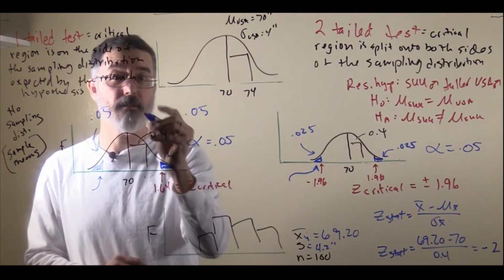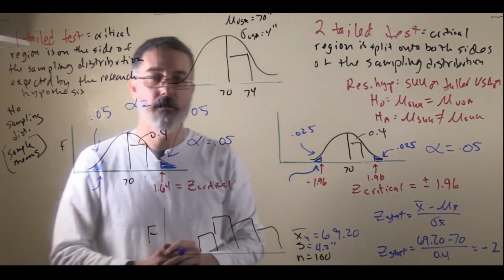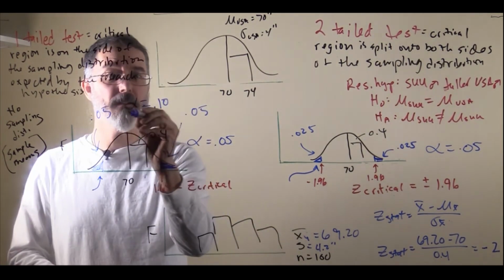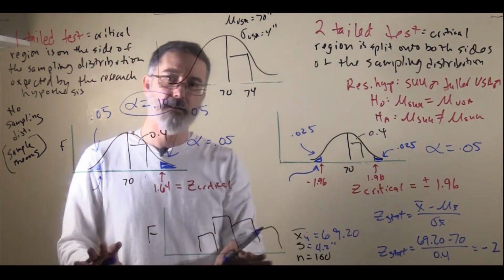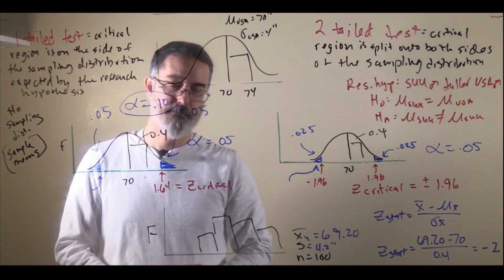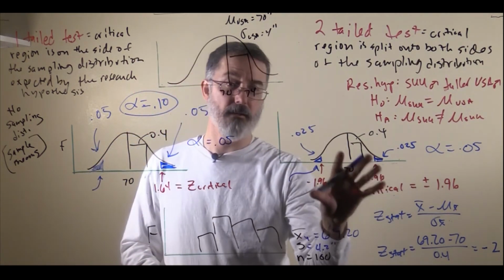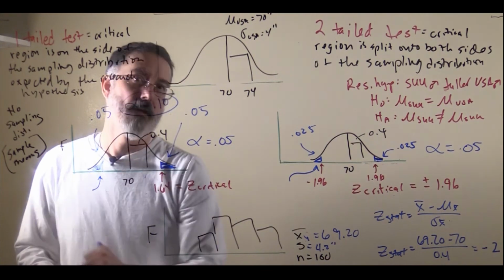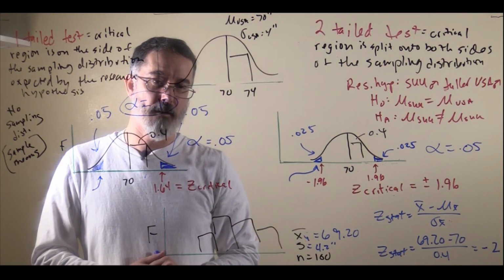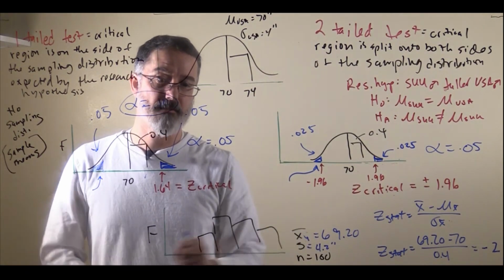The alpha you're actually working with is 0.10. You maybe didn't realize that you've switched, but you have. And so that's a risk, a temptation of working with one-tailed tests. So again, generally, when you're doing research, you always want to use a two-tailed test unless you literally don't care if the world is opposite of what your research hypothesis expects it to be.